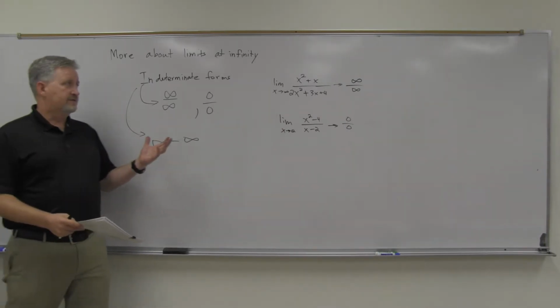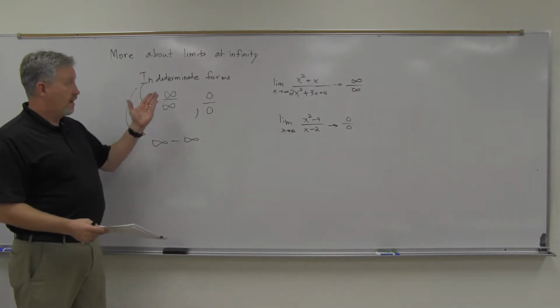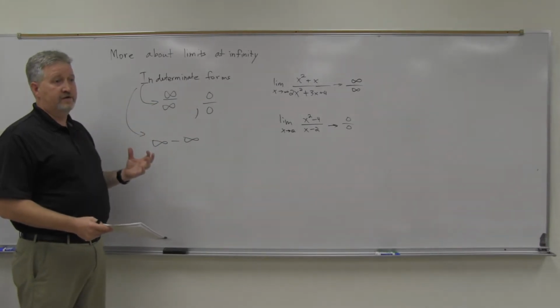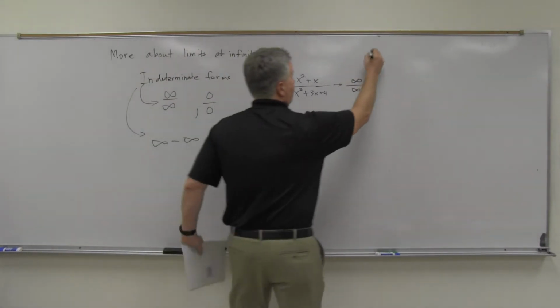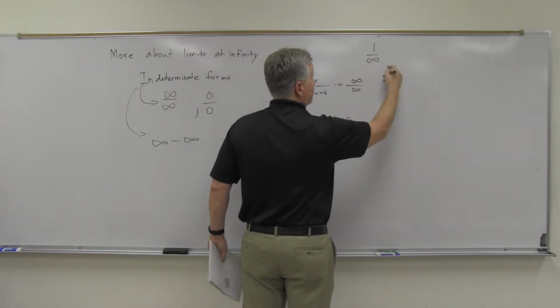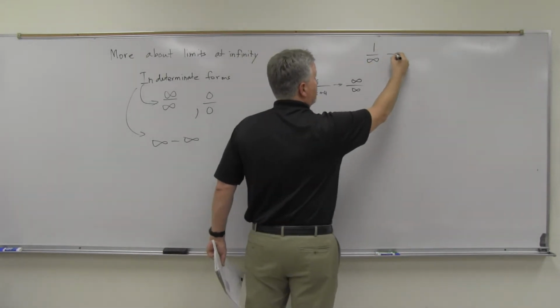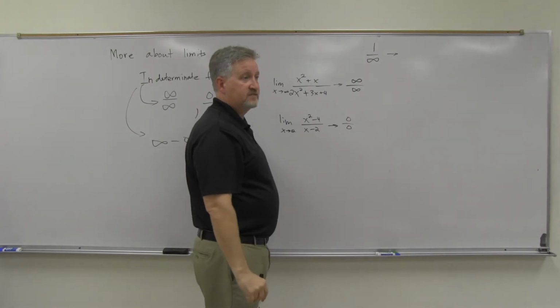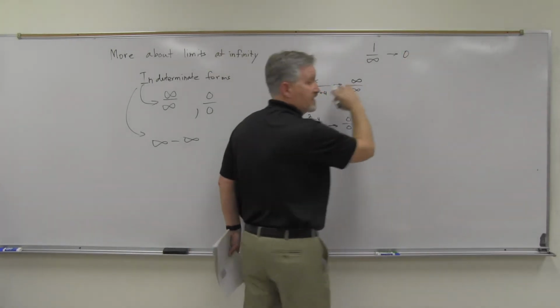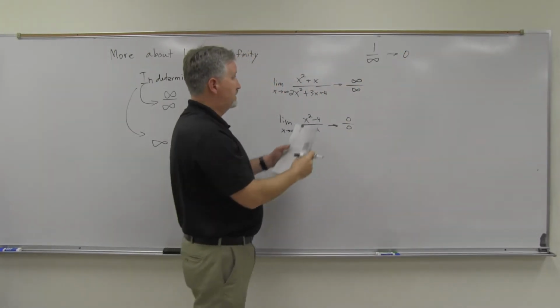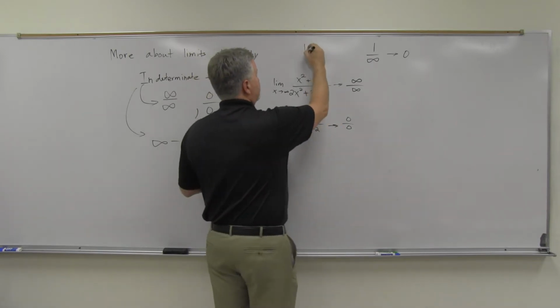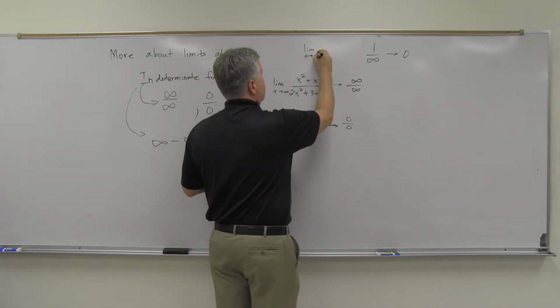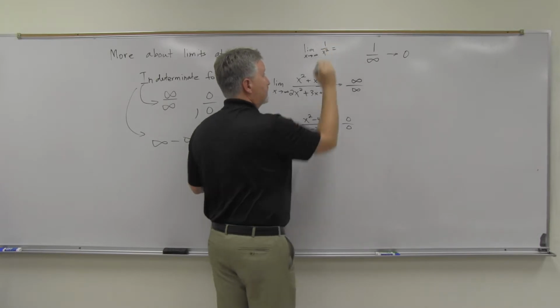Now, just so you know, there are forms that are not indeterminate. Like if I have 1 over infinity, or some other number over infinity, what is that? That's 0. So that's not indeterminate. We use that fact to our advantage, right?